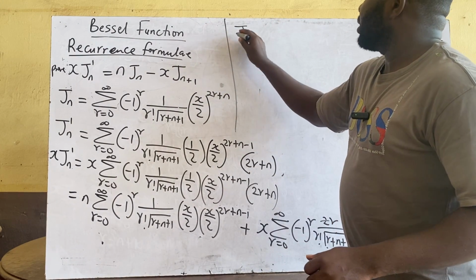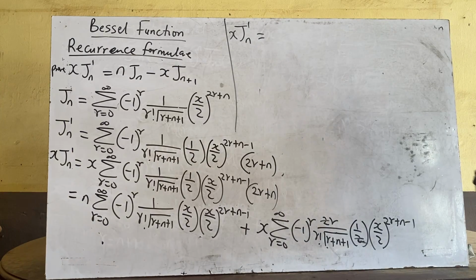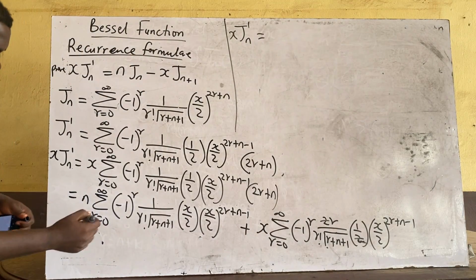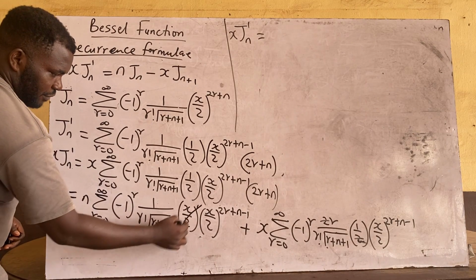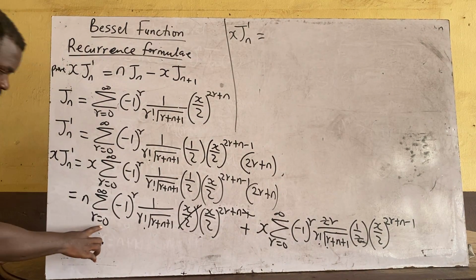I'm now left with j prime of n will now be equal to. Now, if you look at this place now, you see that this is raised power 1, like I said before. So everything here is taking care of the minus 1 here. So I'm left with n, this.